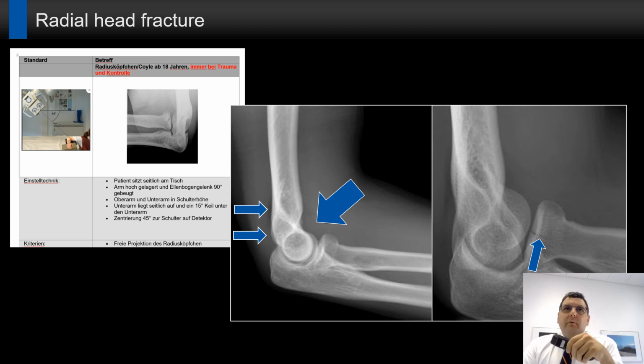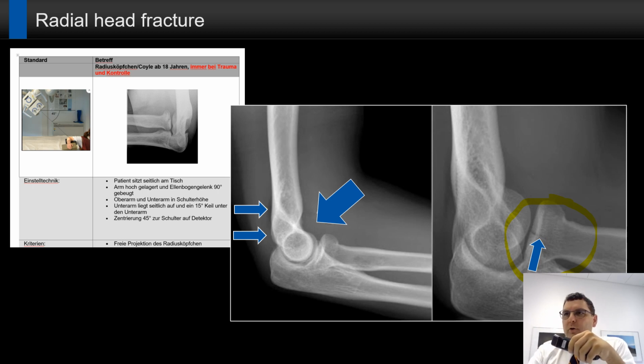Please be advised that radial head fractures are not that easy to see, especially if you don't have these special views. We perform those special views in all our elbow examinations, which means we always acquire three planes: the AP, the lateral, and this dedicated plane, which is also called the coyle examination.